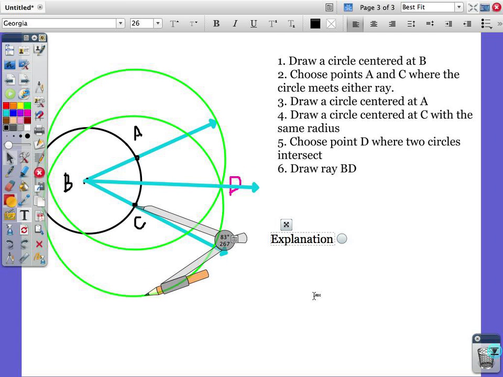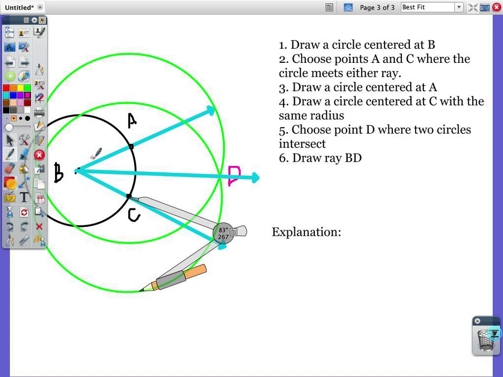All right. So the last reason in our explanation needs to be that this angle, ABD, is congruent to this angle, DBC.